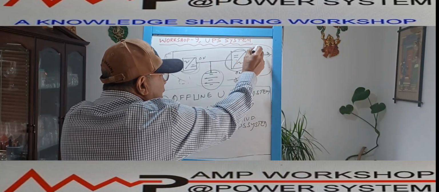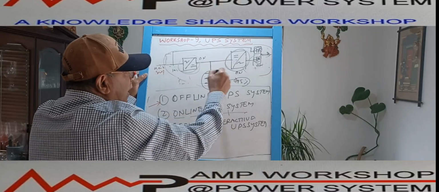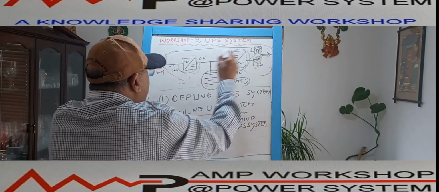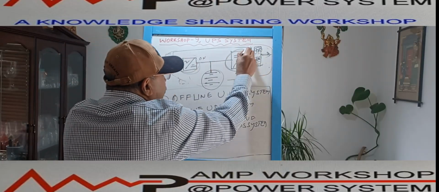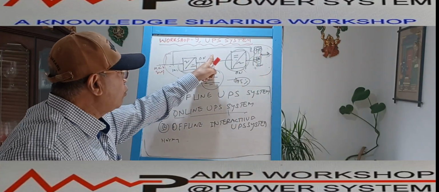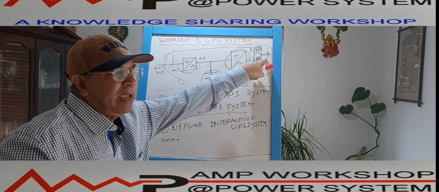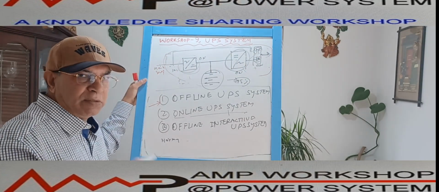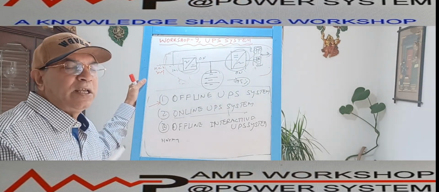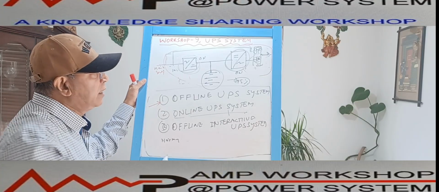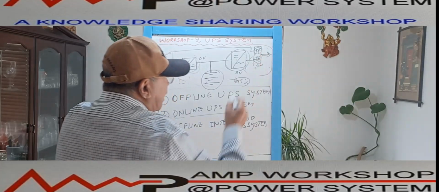Immediately the control card inside will give a signal to this thyristor, and this thyristor will be on and power will go through this to the load. So only 1 to 5% time this may happen, and the load will be subjected to the main supply voltage, which may be very clean supply or maybe some dirty supply, means it has some voltage fluctuation and harmonics, but only 1 to 5% time that will happen.